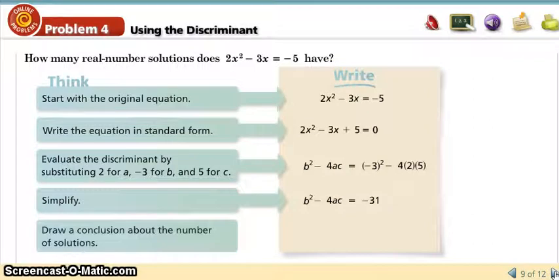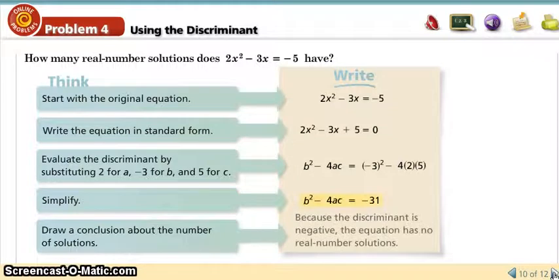Use the discriminant to draw a conclusion about the number of solutions. Because the discriminant is negative, the equation has no real number solutions. When your discriminant is negative, that means you would have to take the square root of a negative number, because remember, b squared minus 4ac is the expression under the radical sign, and it's not possible.